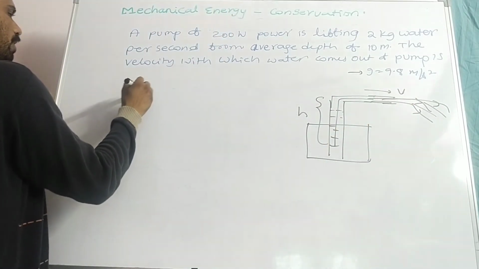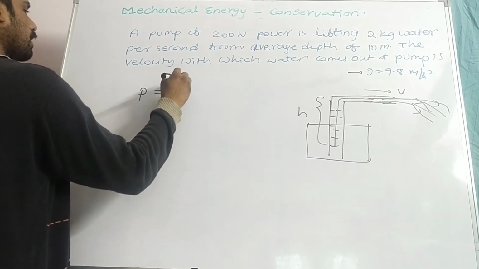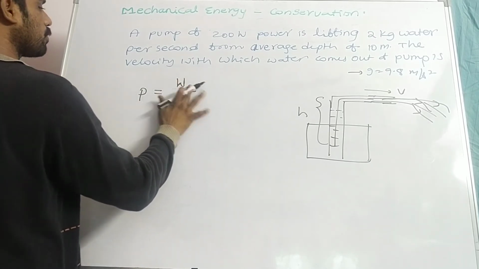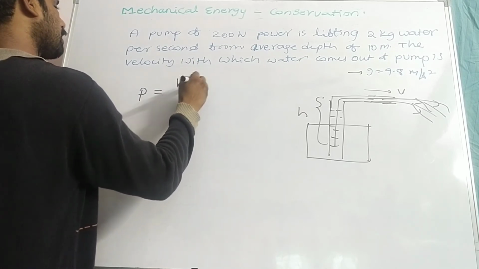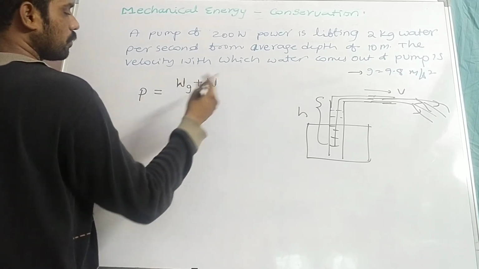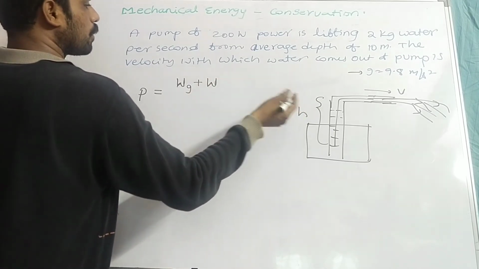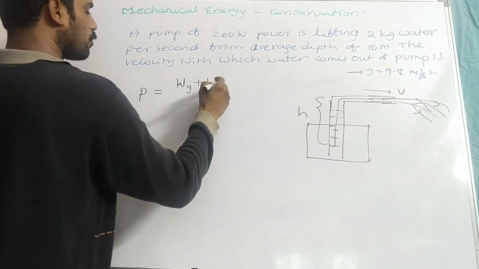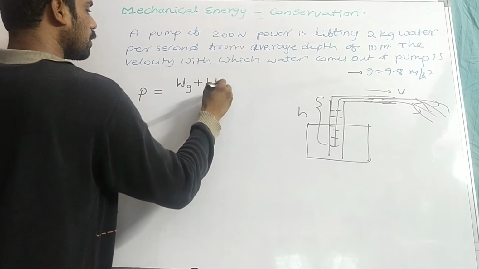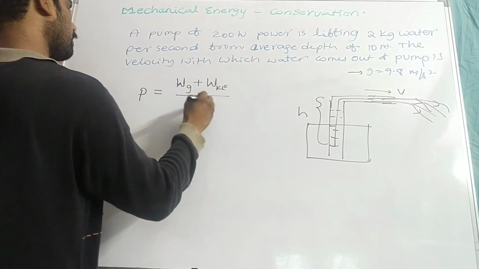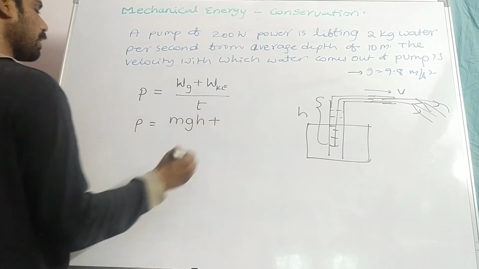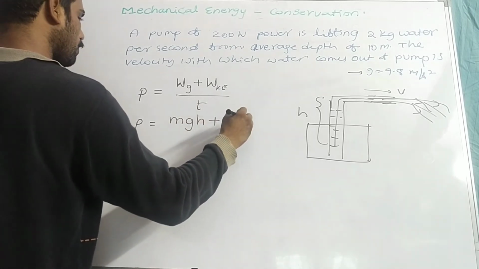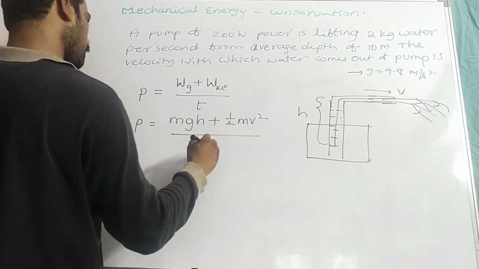So power can be written as work done against gravity, that is the potential energy, plus the energy possessed due to motion, divided by time. So P is equal to mgh plus half mv square by t.